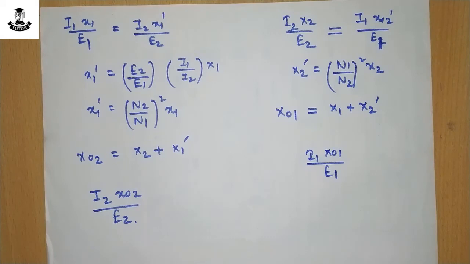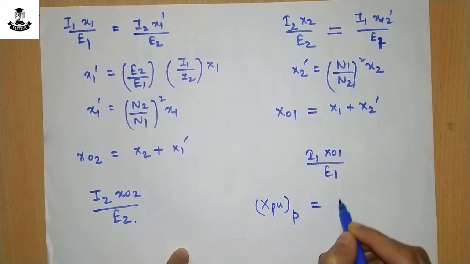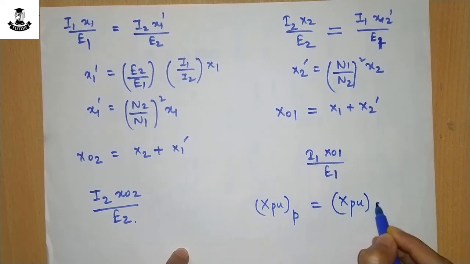Remember, actual leakage reactance referred to primary and secondary are not equal, but per unit leakage reactance referred to primary and the secondary are equal. That is, X per unit on the primary side is equal to X per unit on the secondary side.